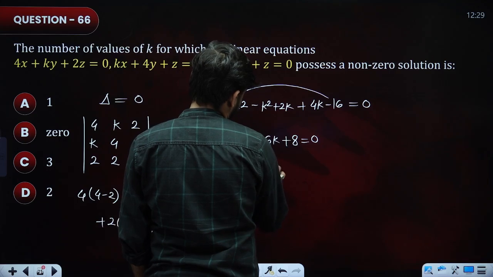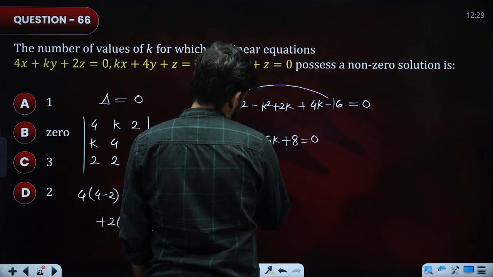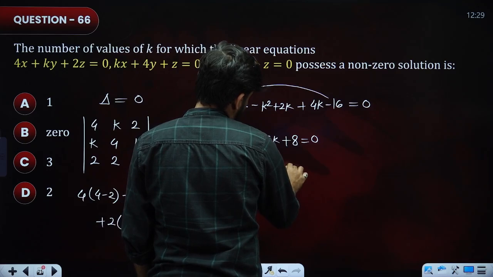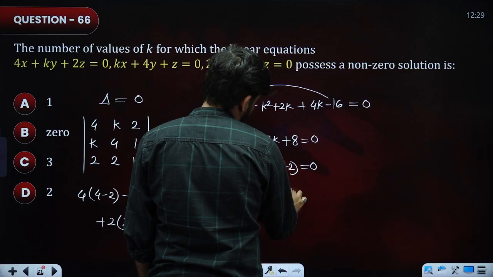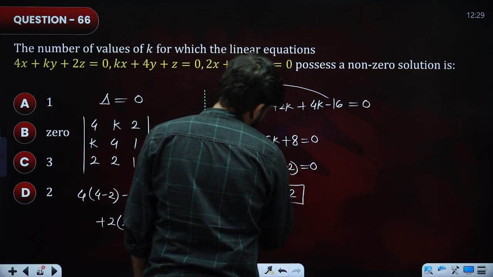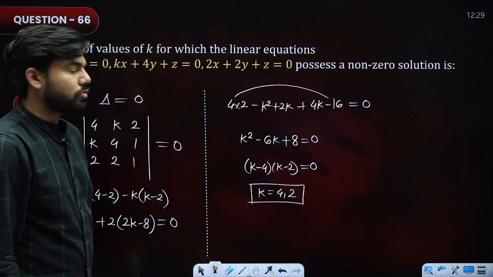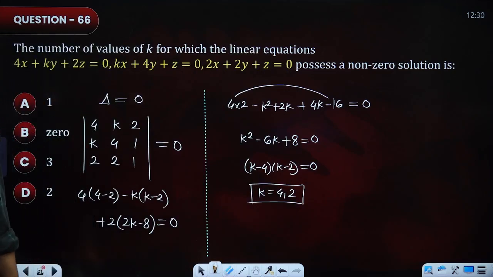So we can write k minus 4 into k minus 2 equals to 0. K is equals to 4 comma 2. So the number of values of k is equals to, option D. Okay, k equals to 4 comma 2, 2 values.